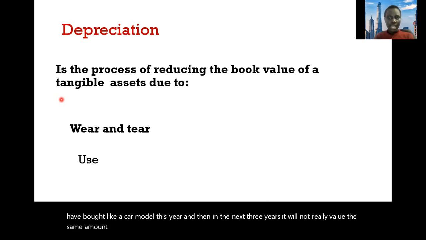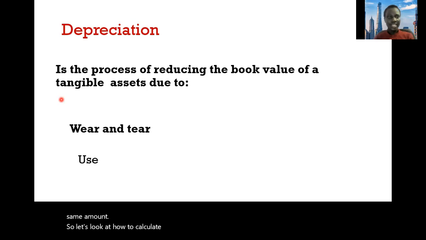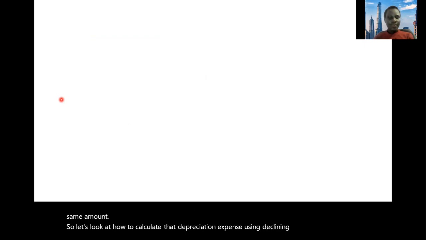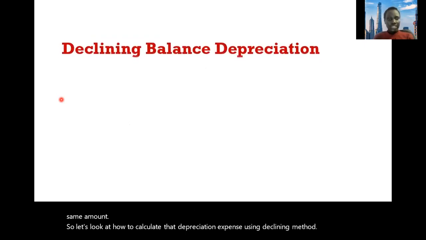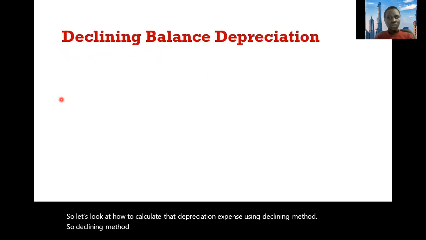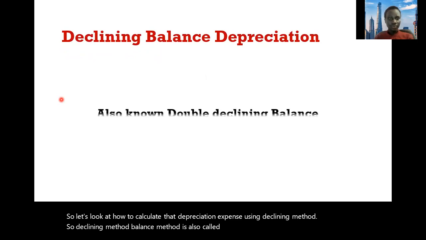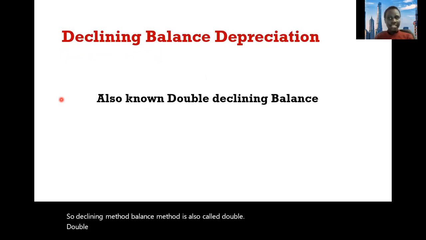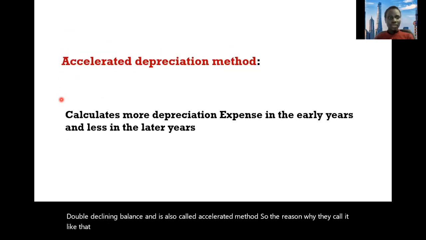So let's look at how to calculate the depreciation expense using the declining balance method, also called double declining balance, and also called the accelerated method. The reason they call it that is because we calculate more depreciation expense in the earlier years and less in the later years.